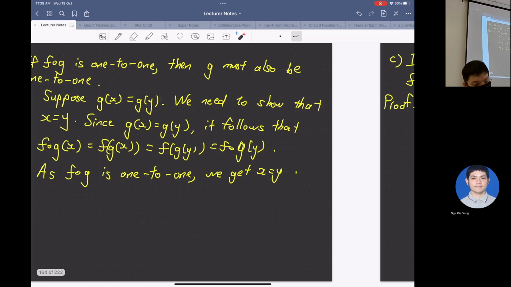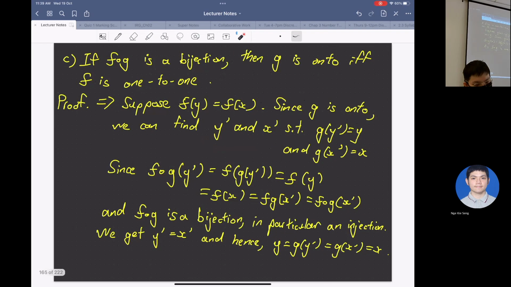And then this one, if f composed g is a bijection, which means it is one-to-one and onto, then show that g is onto, the inside one is onto, if and only if the outside one is one-to-one. Show two directions. This direction and then the backward direction.